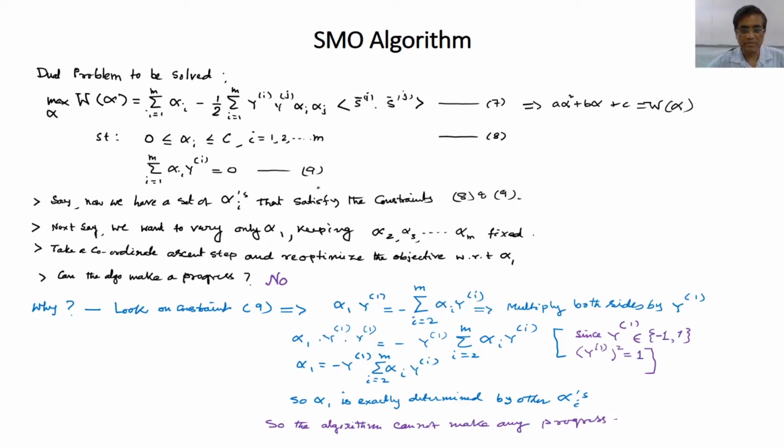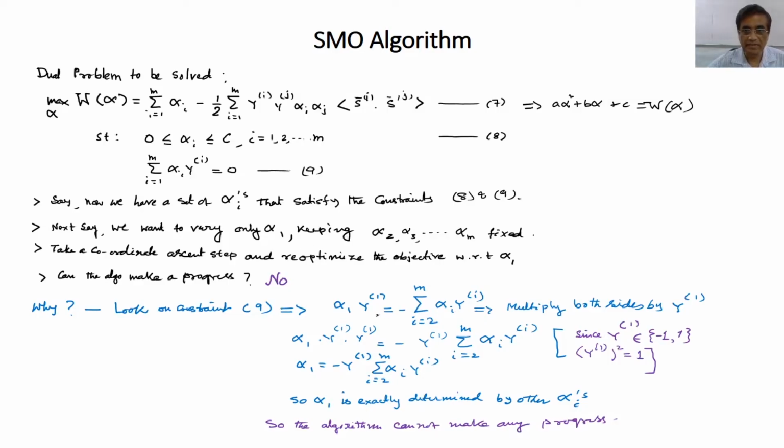As a first choice we will try to implement the coordinate ascent algorithm, which is very simple and which you have studied in my earlier class. Will it work? Now let us look deeply.